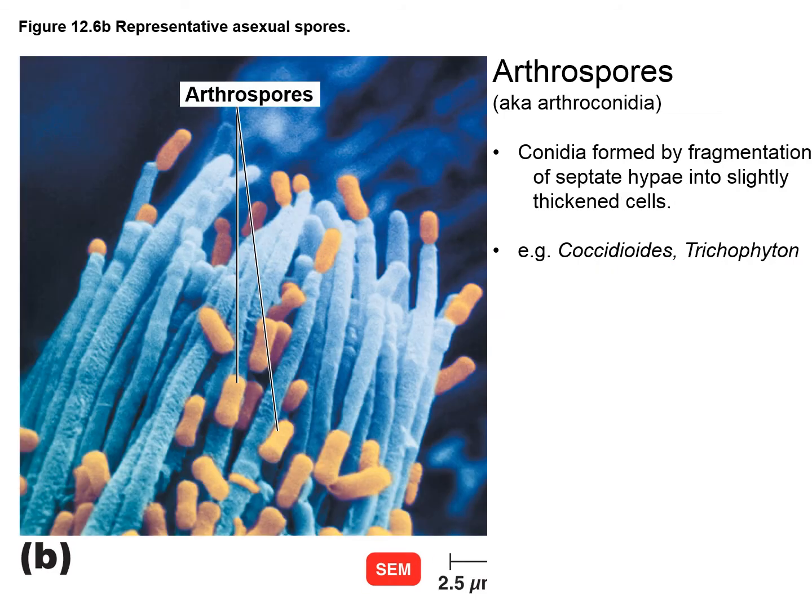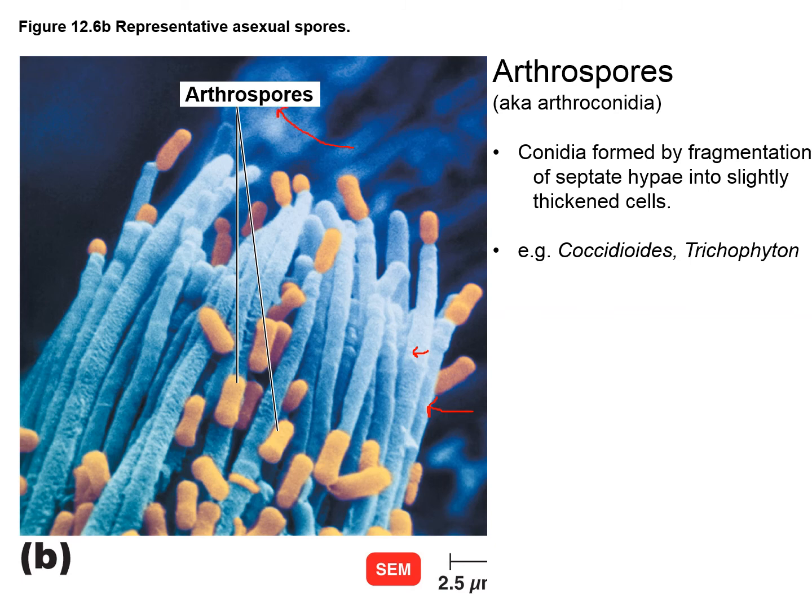Another type of spore that gets produced asexually is called an arthrospore. So here you have lots and lots of hyphae. They're kind of bundled together, and these hyphae are septate. At kind of the end of the hypha, the cell wall of one of the segments thickens, producing a slightly thickened cell called an arthrospore.